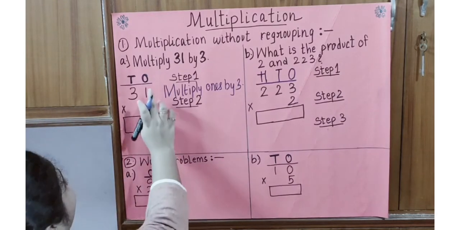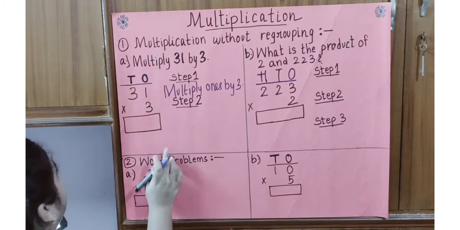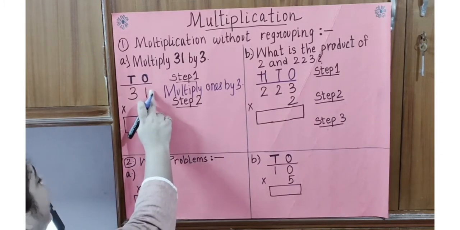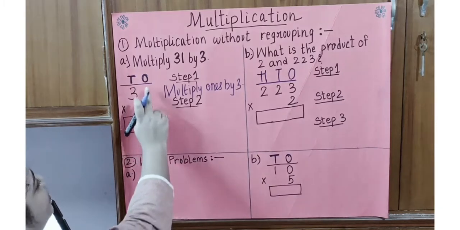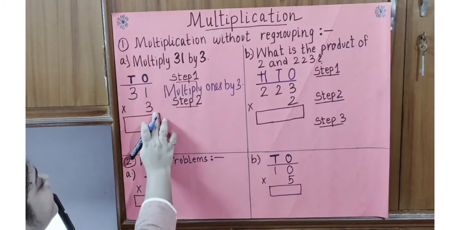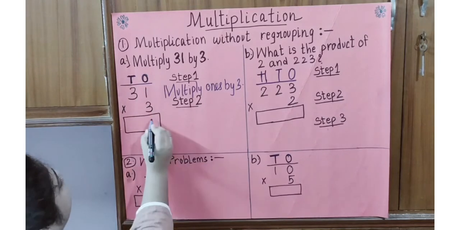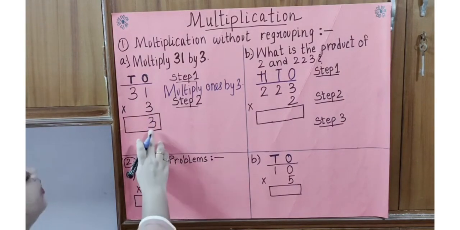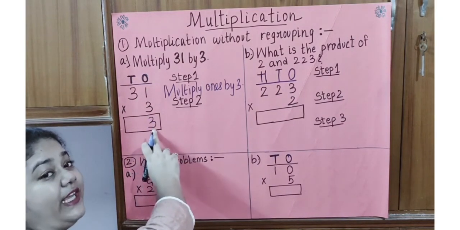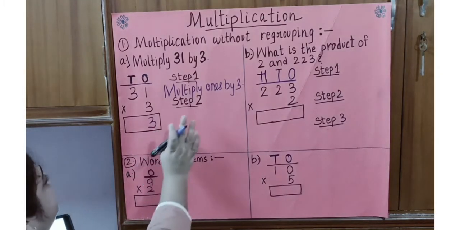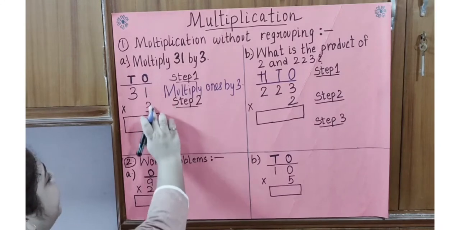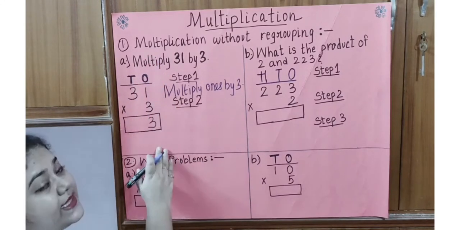There is only 1 and with 3 we are going to multiply. So 1 into 3 is going to give us 3 ones. What did it give us? It gave us 3 ones. Right, children? So we are done with the ones place.